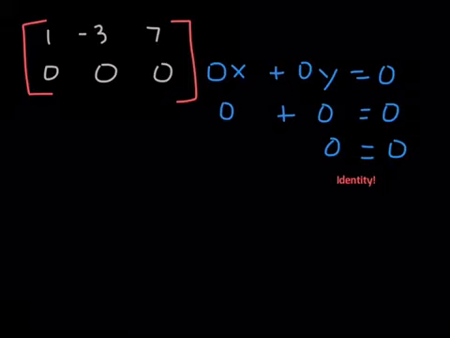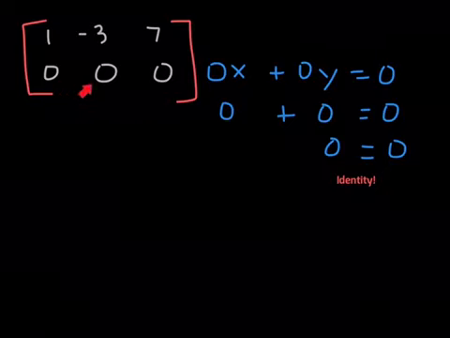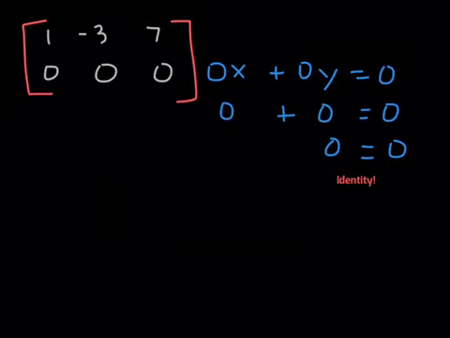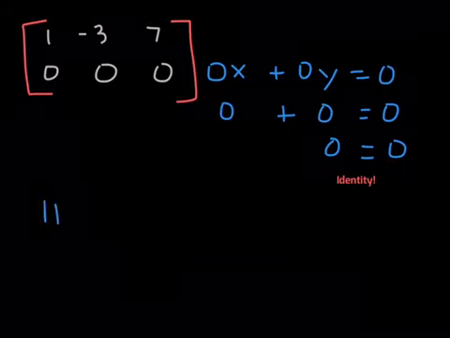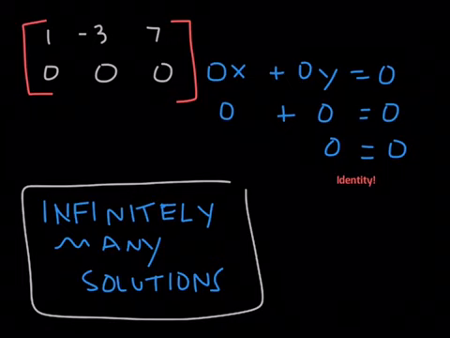So if this happens to you, at any point, if any of your rows becomes all zeros, then you can stop right now and just say your final answer is infinitely many solutions. What that means graphically speaking is that these two lines lie right on top of each other. They have infinitely many intersection points.